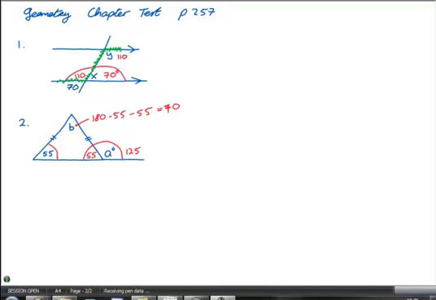Question 3 is a parallelogram. Z, W, 50.